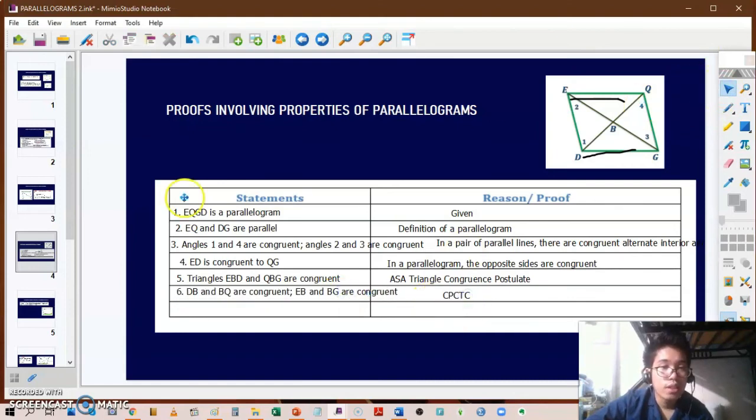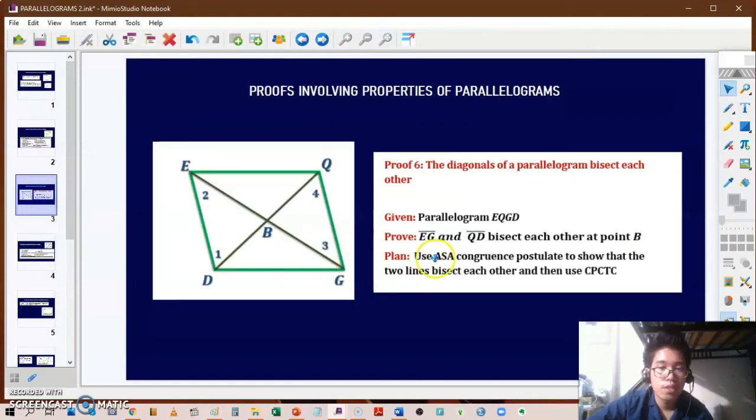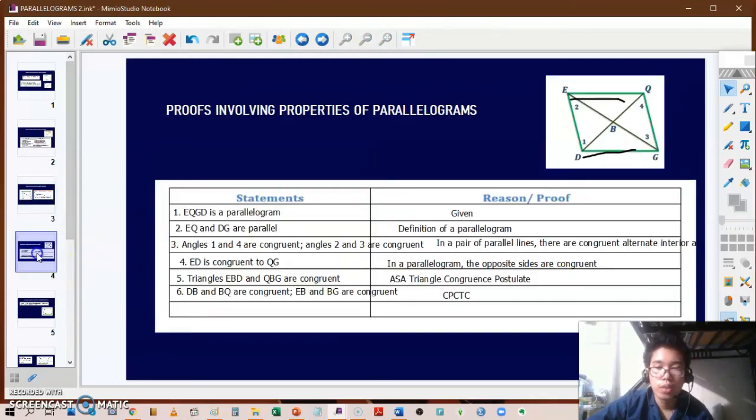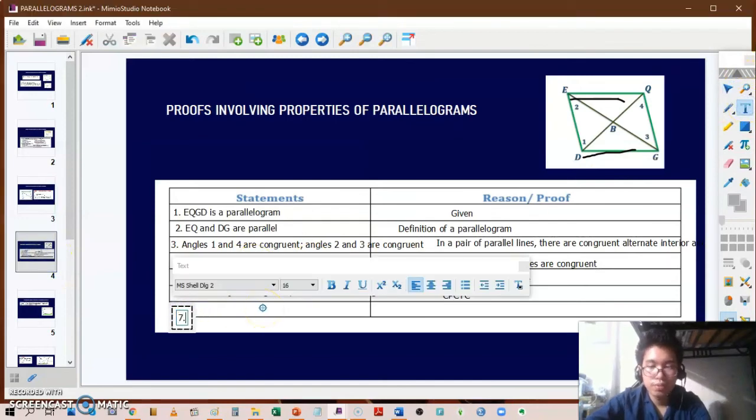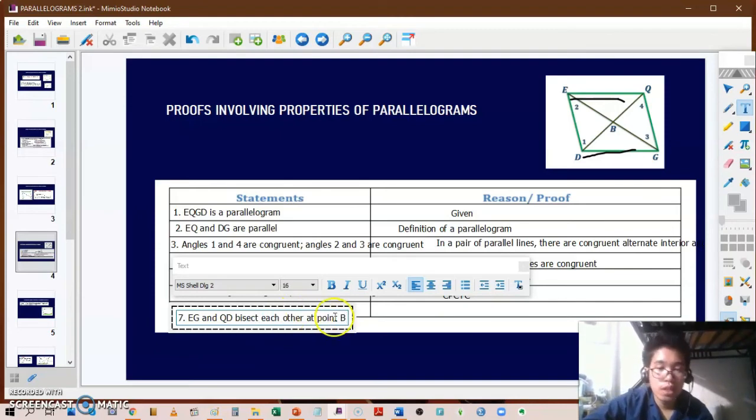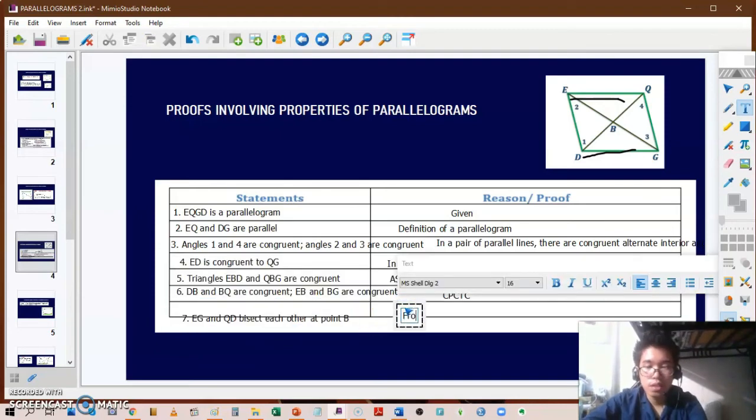And lastly, for our seventh statement, we can now prove that EG and QD bisect each other at point B. Let's write that. EG and QD, those diagonals, bisect each other at point B because of statement 6.